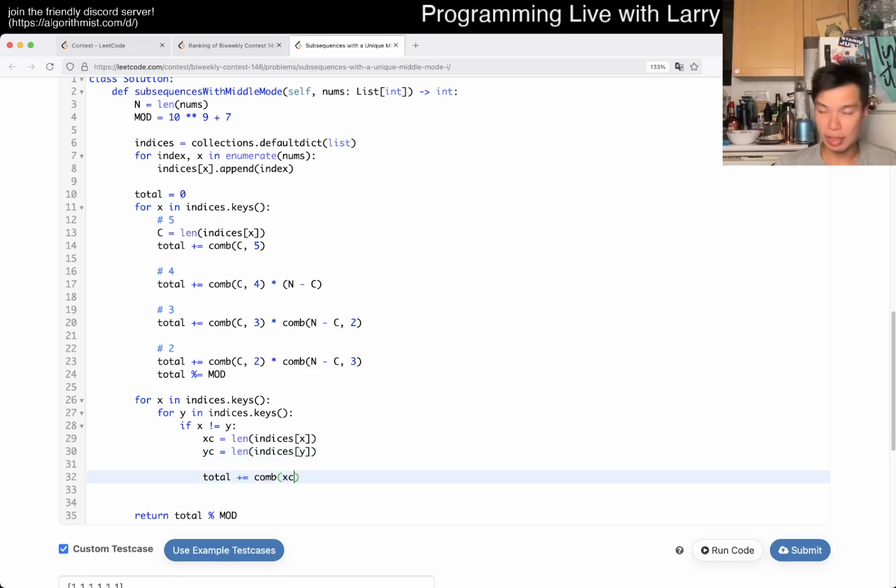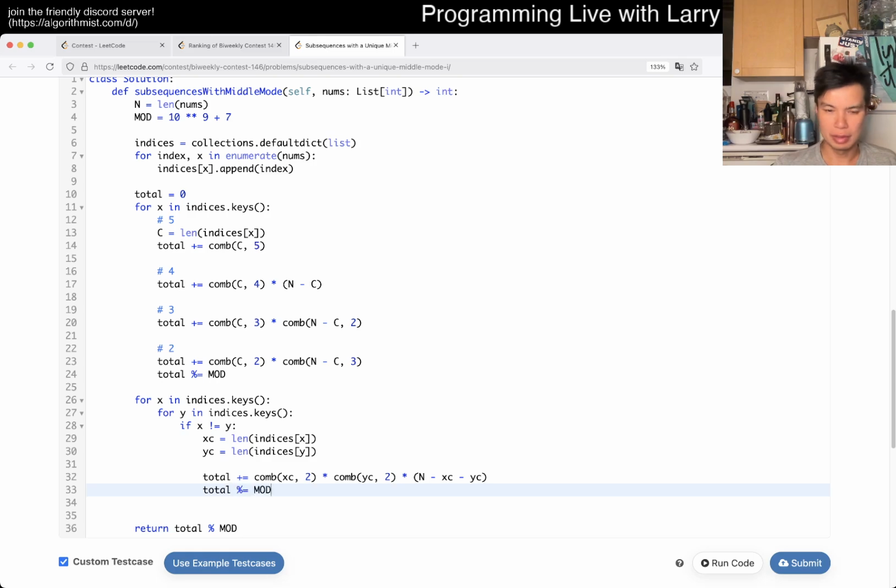So, okay, you have all these, you want to choose 2 times the way to choose that we choose 2, and then times it by any other number, which is going to be n minus yc minus yc. Choose 1 technically, but I guess that's the same, right? Is that not right?